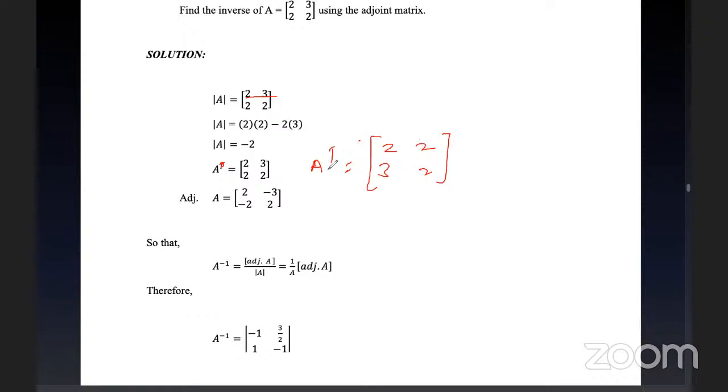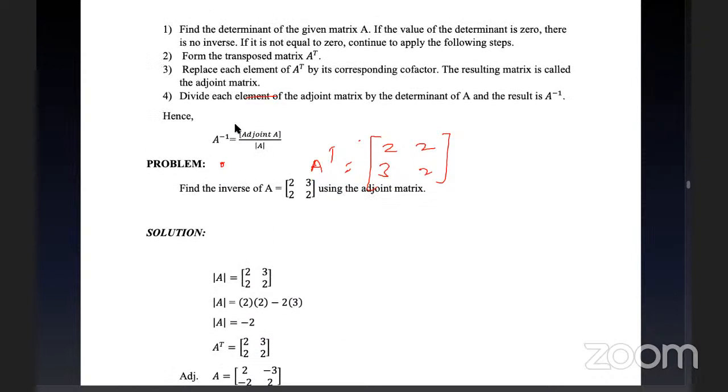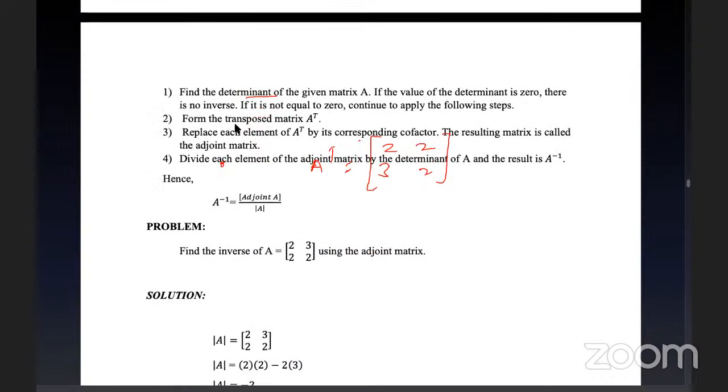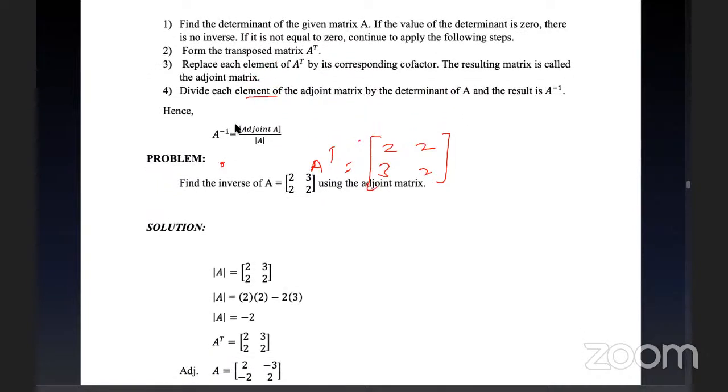And then, okay. Check ko muna kung tama yung given na nasulat. Tama naman. Okay, from the matrix A transpose. Tama. So, 2, 3, 2, 2.